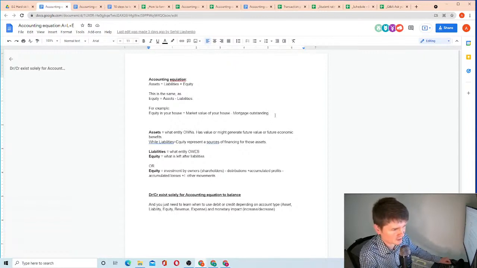So they try to sell you a loan saying that your equity in your house increased, and you can withdraw some extra money against that equity.